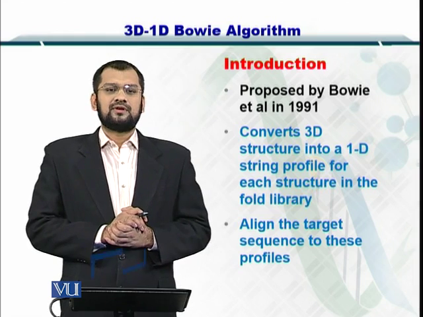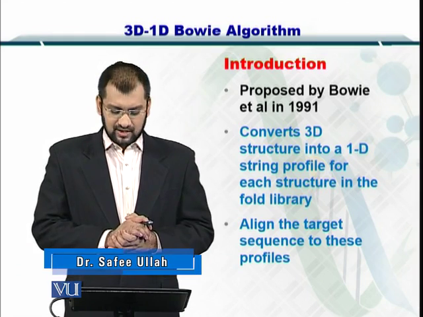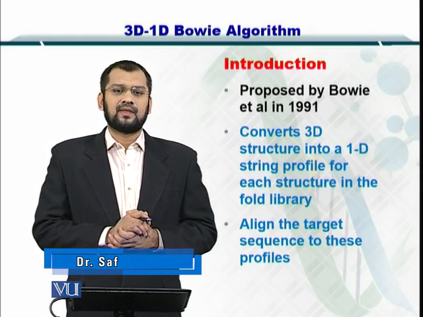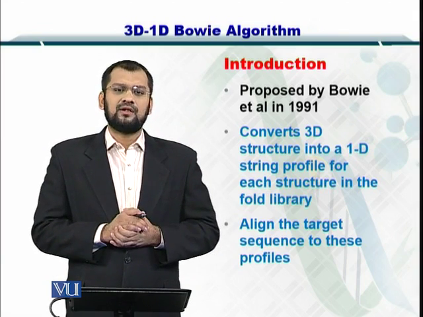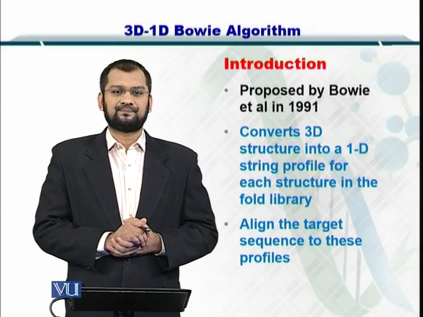Now towards the 3D-1D Bowie algorithm. This was proposed by Bowie et al. in 1991. So what it does is, it converts the 3D structural profile of a protein structure into a 1D array.